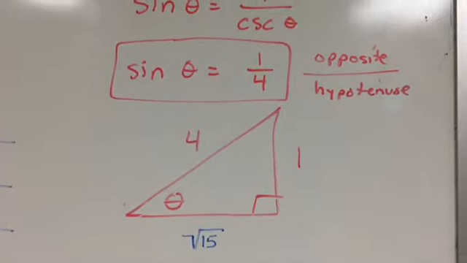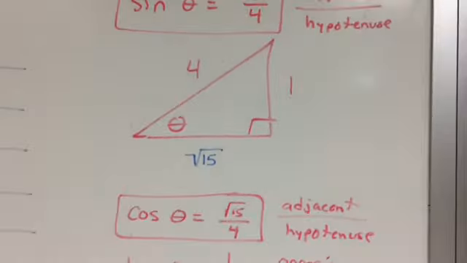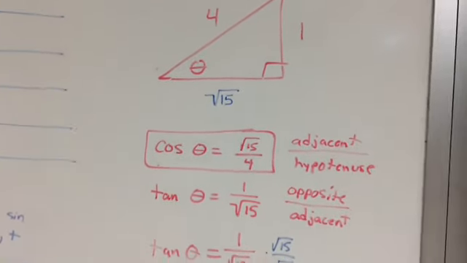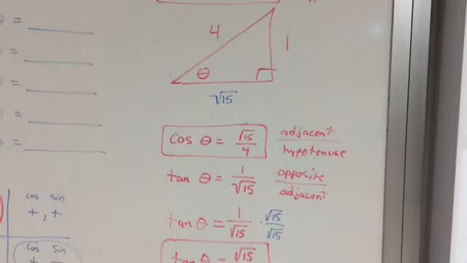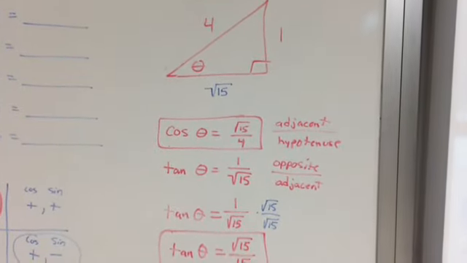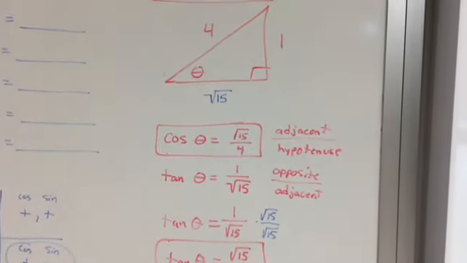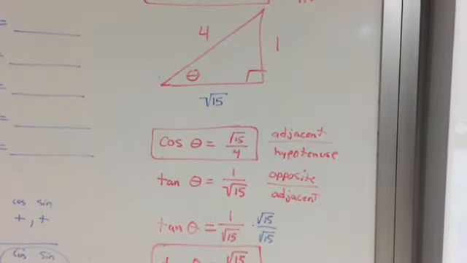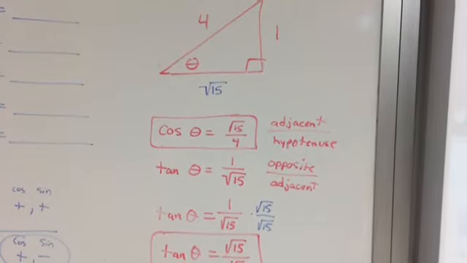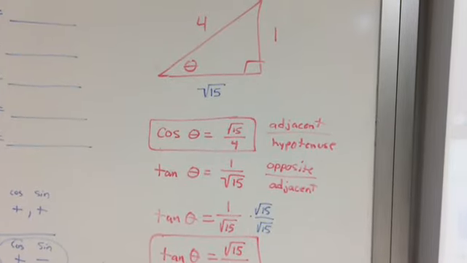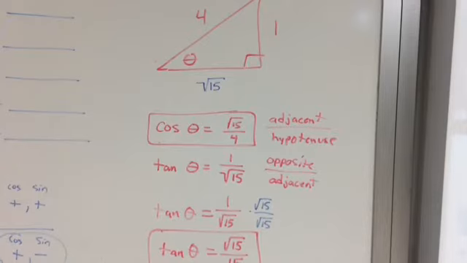To find cosine and tangent from the triangle, we can now calculate that cosine is the adjacent side over the hypotenuse. The adjacent side to my angle is square root of 15. The hypotenuse is 4. Therefore, cosine should be square root of 15 divided by 4.